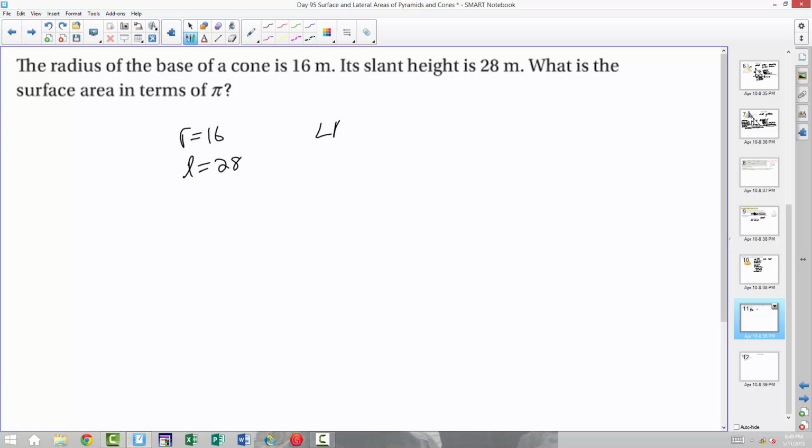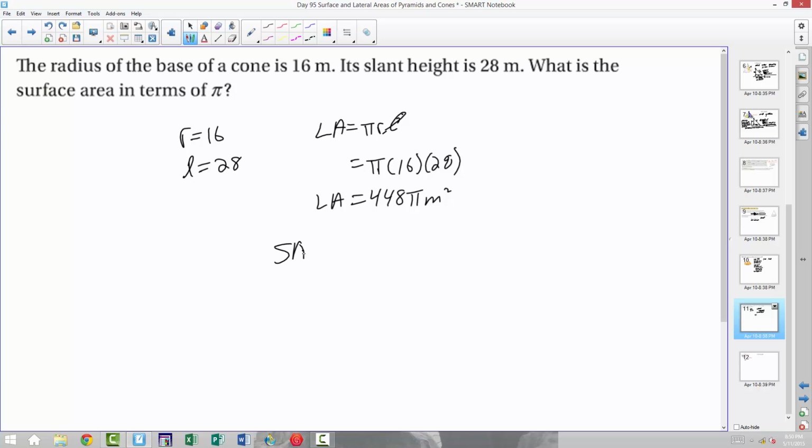So lateral area is just pi r L. So I have pi times 16 times 28. So 16 times 28 is 448 pi. So 448 pi meters squared is my lateral area.